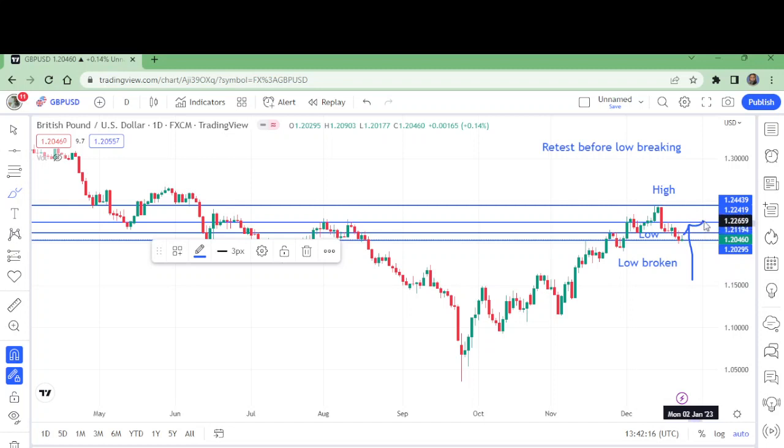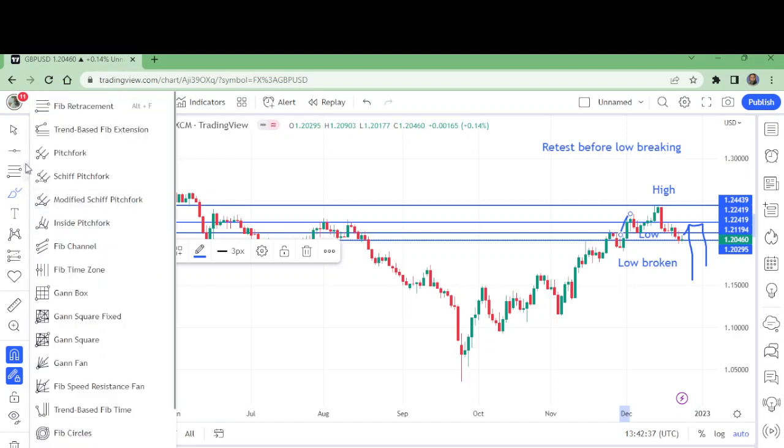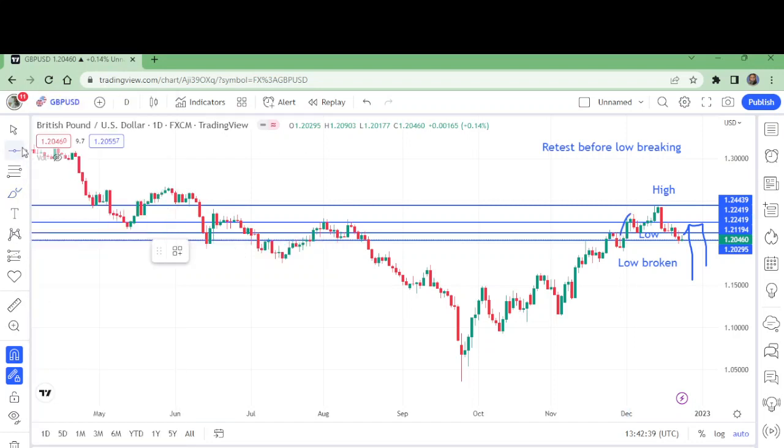This is the best entry point for the sell, and the stop loss above this wick. Let me put another horizontal line here for stop loss. For stop loss, this is the horizontal line above this wick.